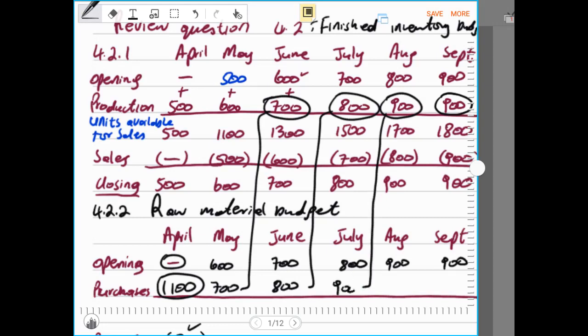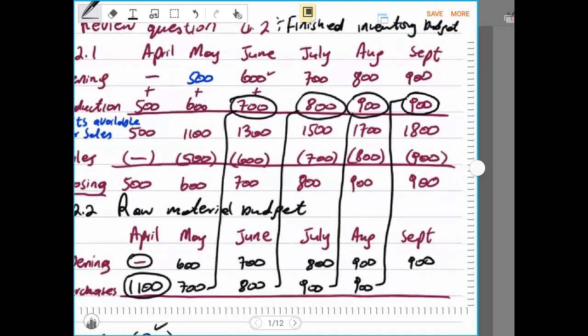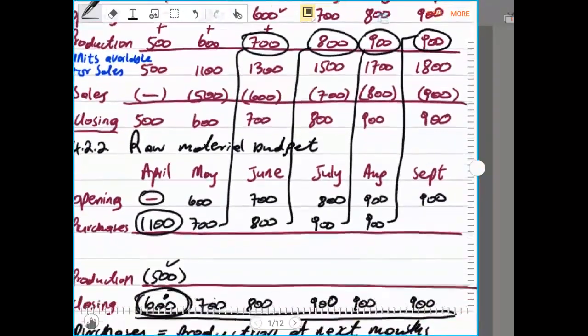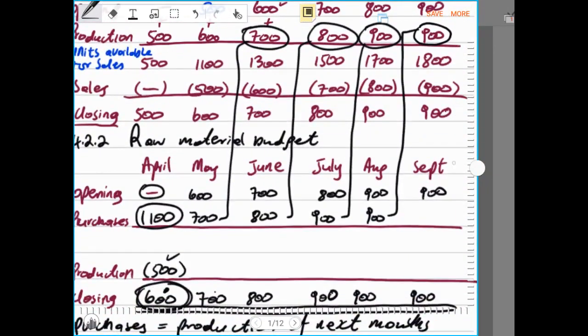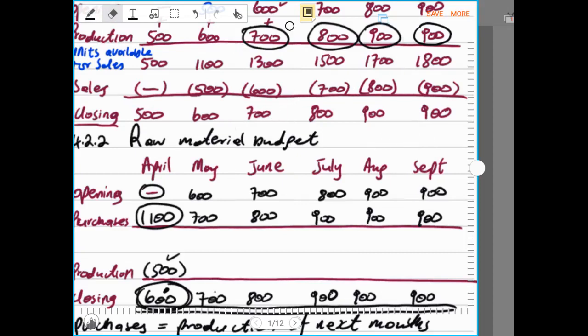That will be 900. And production of September will be purchases of August. Then that will be 900. So now we need to know the production of October, and we already know that the production of October is 900. Then production of October will be purchases of September. So now we have recorded all that concerns the purchases.